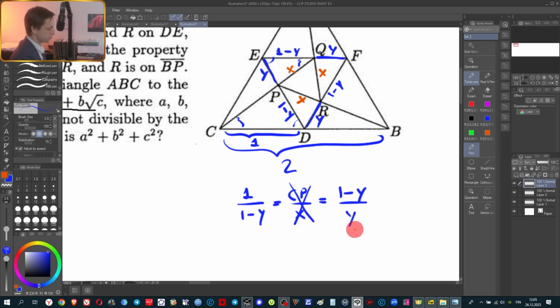Okay, so as you can see, let's just check: 1 over 1 minus y equals 1 minus y over y. Great. So there is no even x here, right?